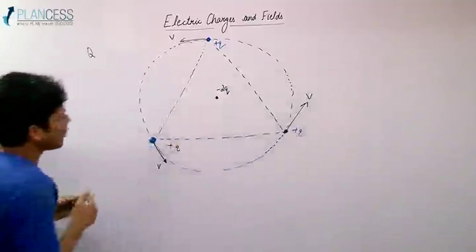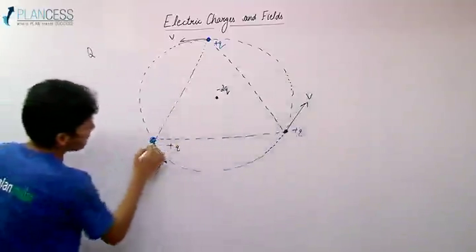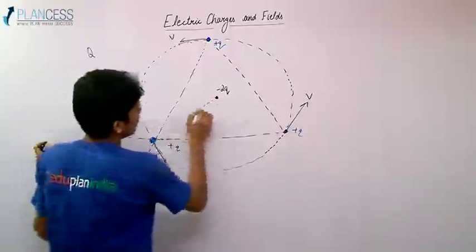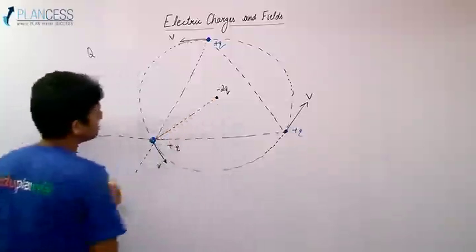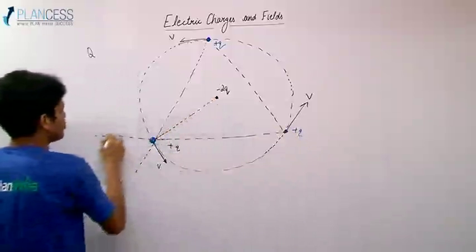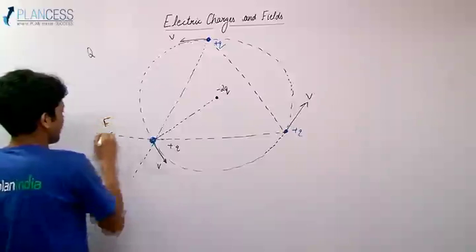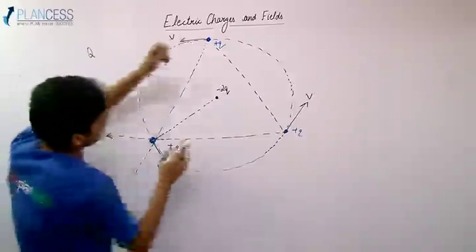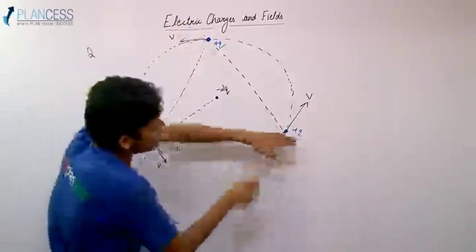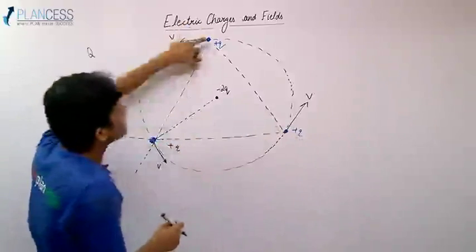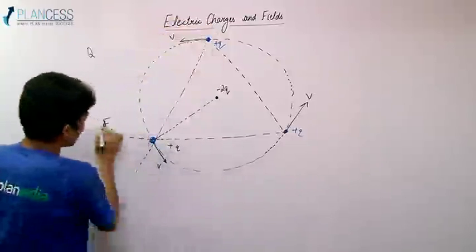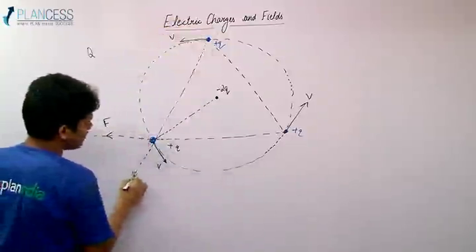We can easily find it out by extending this line here, and joining this minus 2q. This plus q will repel this plus q, let's say F here, and since this is an equilateral triangle, the force that this plus q exerts on this plus q charge will be equal to the force that the other plus q exerts. So if this is F, this will also be F.